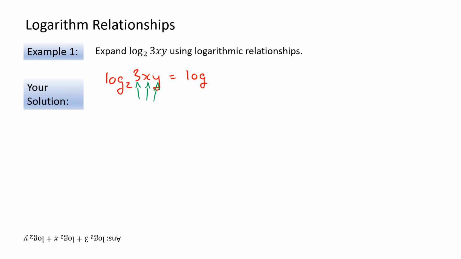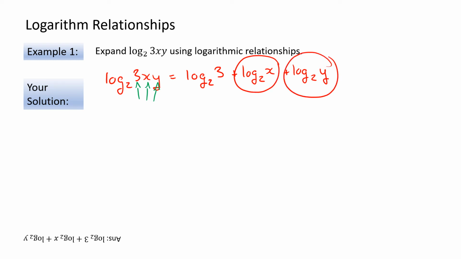It's the log of each of these individually, so log base 2 of 3, plus the log base 2 of x, plus the log base 2 of y. So it's simply taking that starting piece and breaking them out. Again, it's useful because now you have x by itself or you have y by itself, depending on which one you're looking at solving.